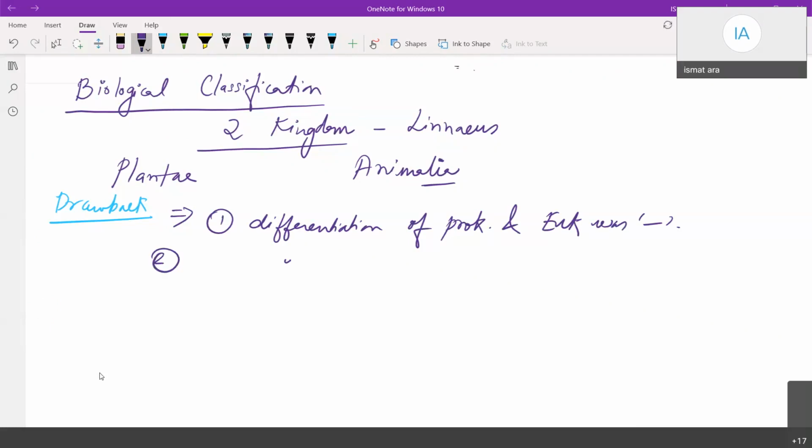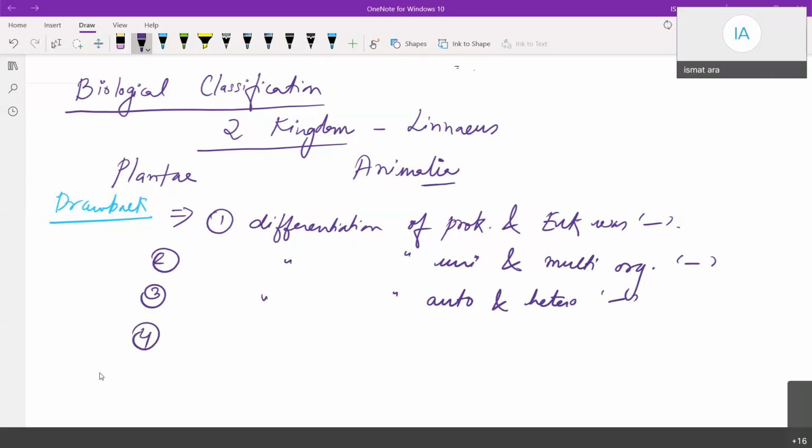Next, differentiation of unicellular and multicellular organisms was absent. Differentiation of autotrophic and heterotrophic organisms is absent.